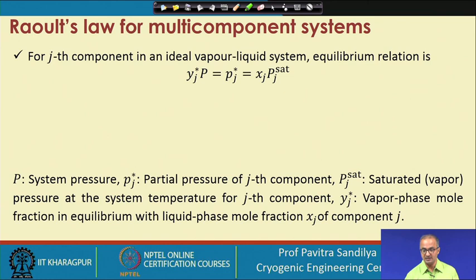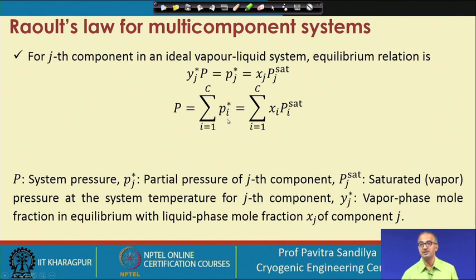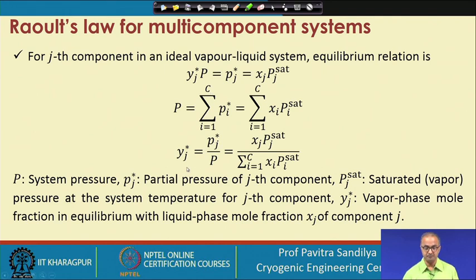Now, if we rearrange this equation, we find that the summation of the partial pressures is equal to the total pressure. This comes from Dalton's law. Dalton's law says that the summation of partial pressures is equal to the total pressure, and that means we are also summing up this particular term on the right hand side. This summation is done for component 1 to component C, that is, there are C components in the mixture.